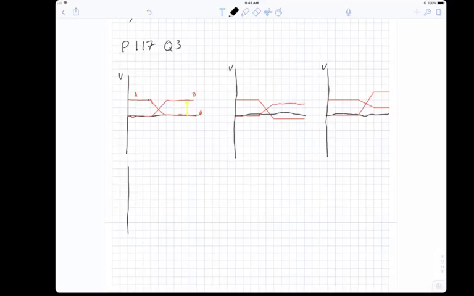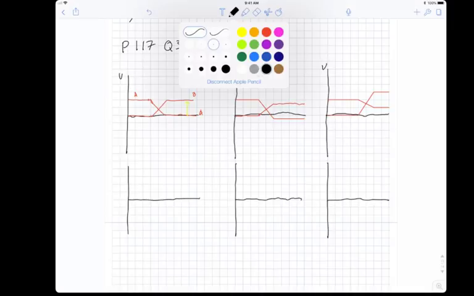So from this we can graph the kinetic energy. So the kinetic energy is going to look like half the velocity of each of them squared. So I'll draw it for each of them.